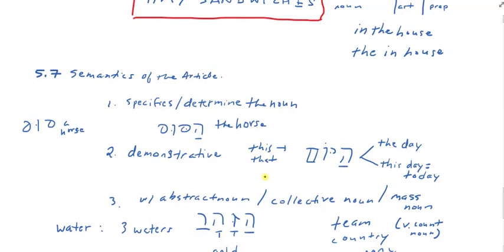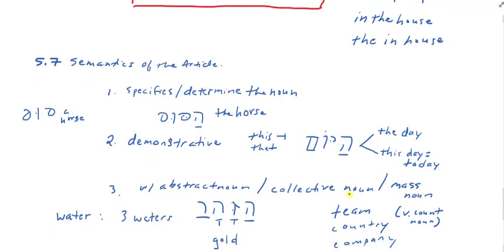Those are not things that you can touch or feel, and they're certainly not things that you can put in your pocket, right? So an abstract noun. A collective noun is a noun that refers to something that consists of parts, but the word signifies the whole of the parts together. Words like team and country and company, those are collective nouns.